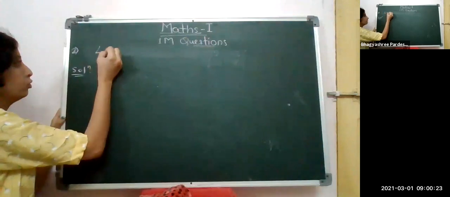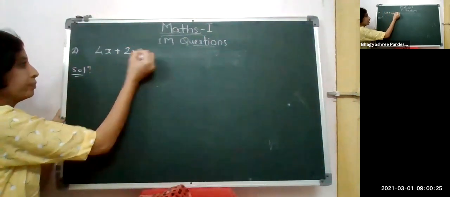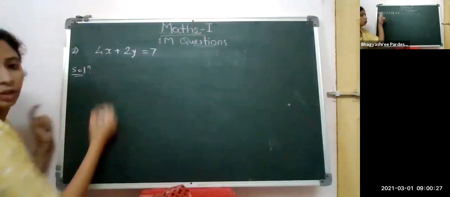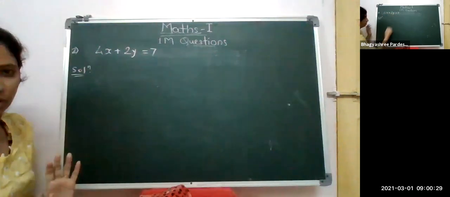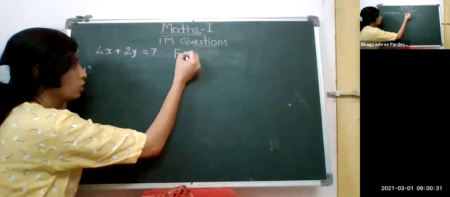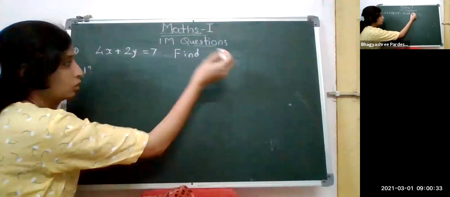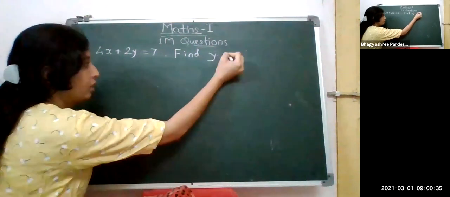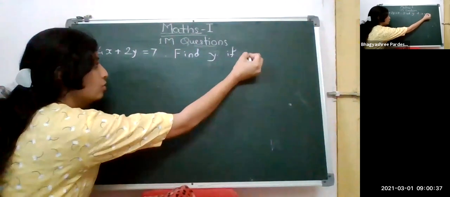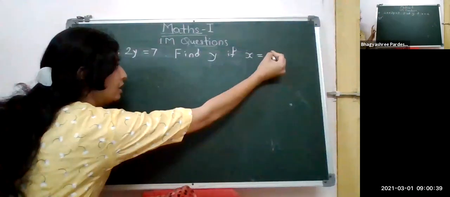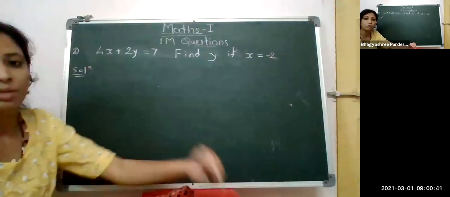Suppose one equation is 4x plus 2y is equal to 7. To draw the graph of this equation, we have to find y if x is given to us, that is, if x is equal to, suppose, minus 2. What do we have to do here?